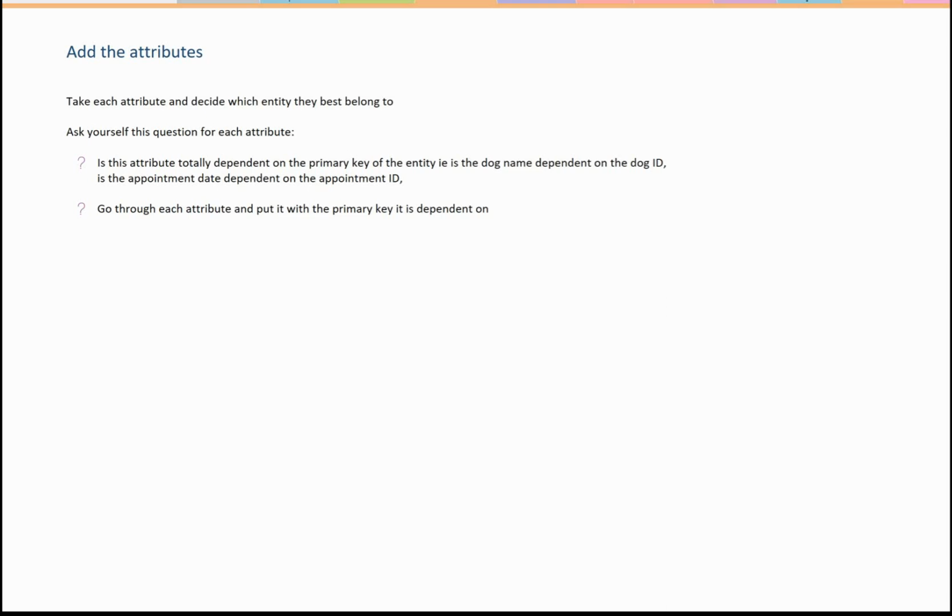And the answer is yes, because every time we have a change of dog ID, we have a change of dog name. Another example is the appointment date dependent on the appointment ID, and the answer is yes, because when we have an appointment, we get a different appointment date. We need to go through each attribute and put it with the primary key that it is dependent on.